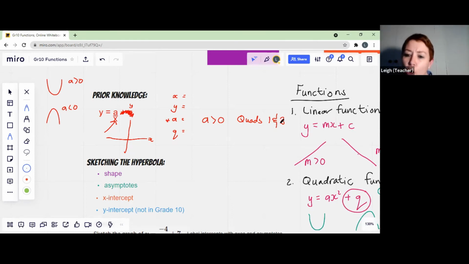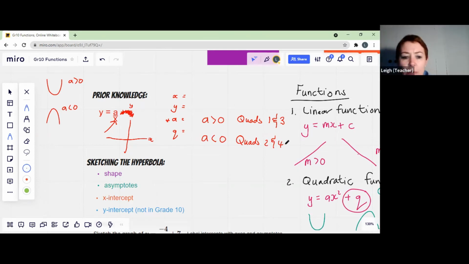So 1 and 3 go together. I hope that's making sense. If A is negative, then our hyperbola is drawn in quadrants. Does anybody know? 2 and 4. Beautiful. Oh, wow. I'm so happy. That's great.